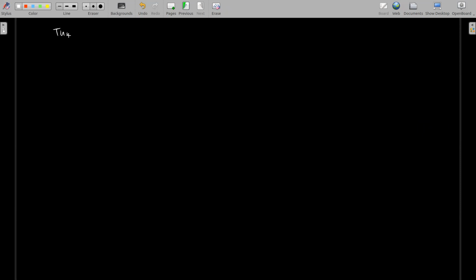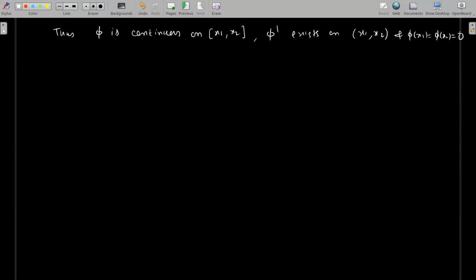So therefore phi is continuous on closed interval x1 x2, derivative exists at least on open interval x1 x2, and phi x1 equals phi of x2 equals 0.